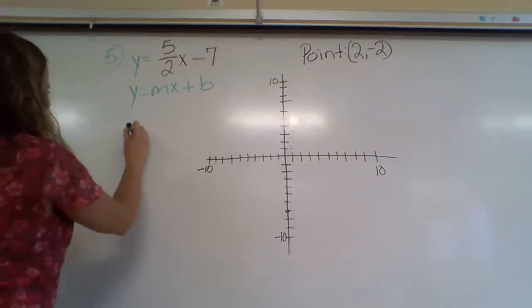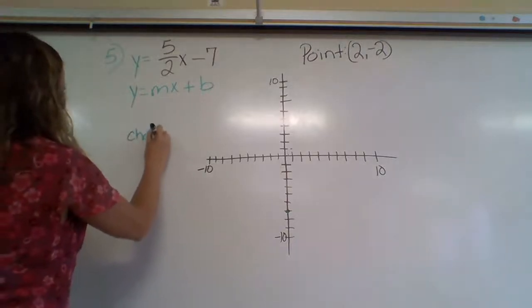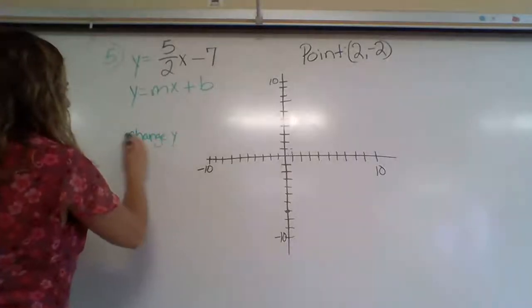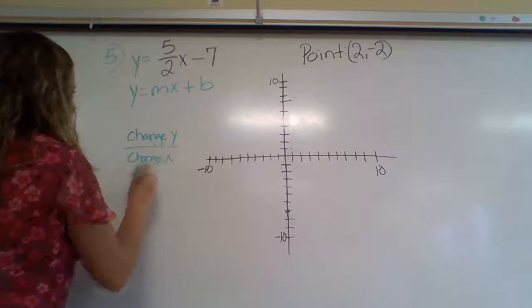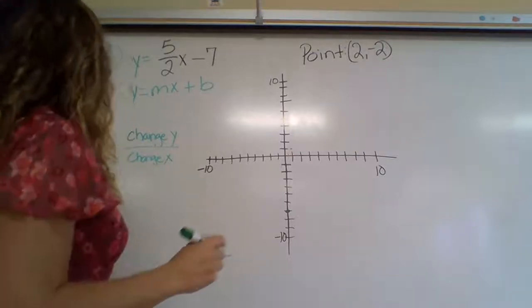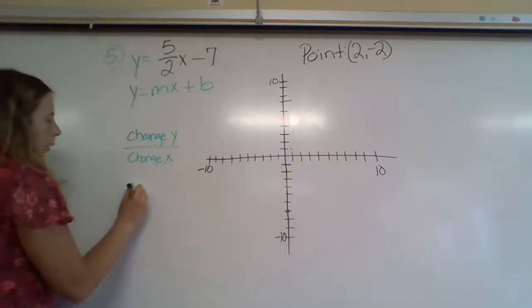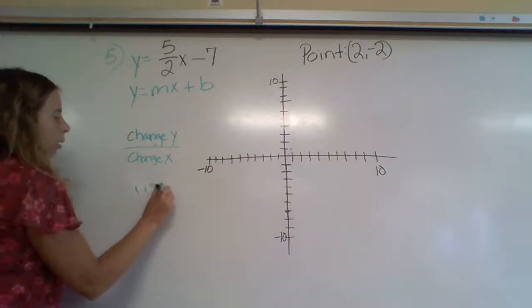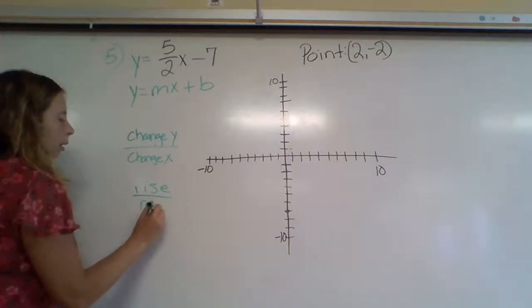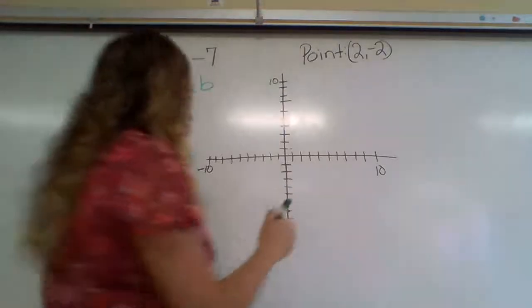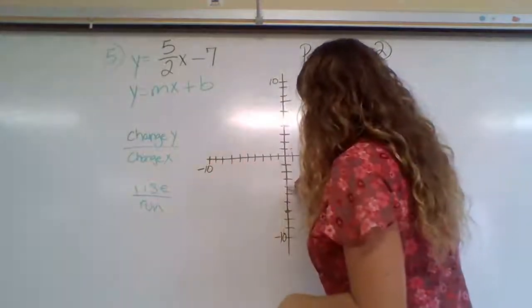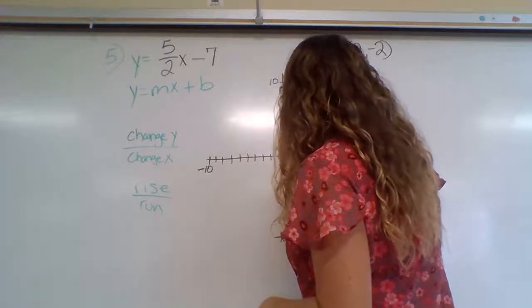So remember, slope is change in the y over change in the x. This also should sound familiar. Slope is also rise over run. So I'm going to rise 5 and I'm going to run 2. So I'm going to rise 5, 1, 2, 3, 4, 5, and I'm going to run 2, 1, 2.